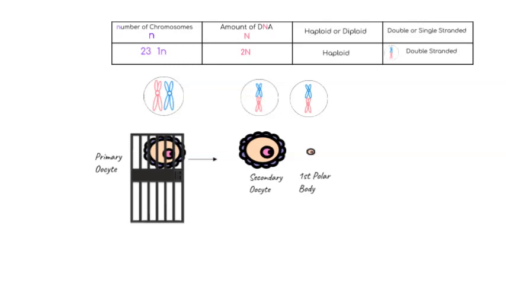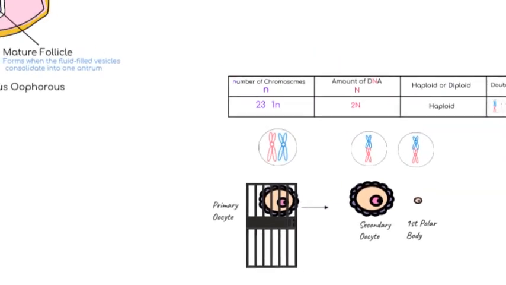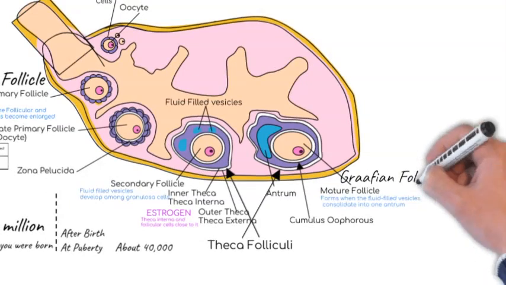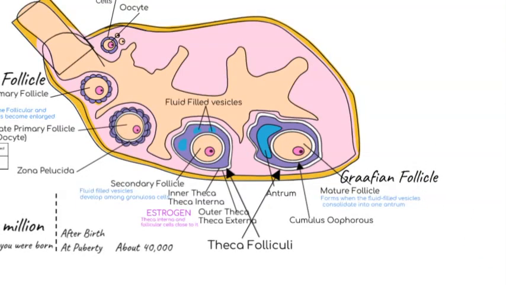It is haploid, and we have 23 chromosomes double-stranded at this stage. So at this point, we give the follicle a new name. So now this is a fully mature secondary follicle. It is called the Graafian follicle.